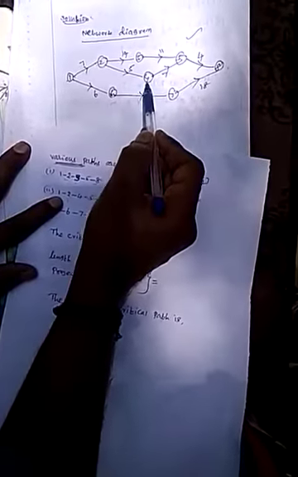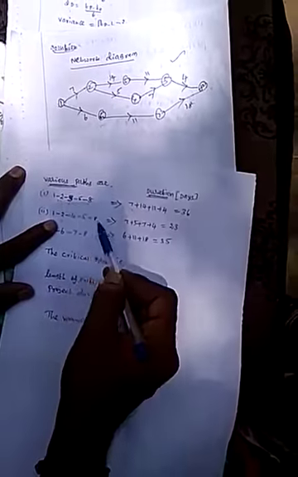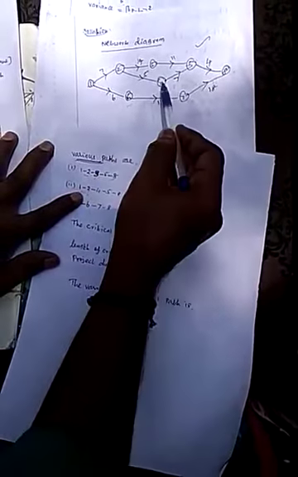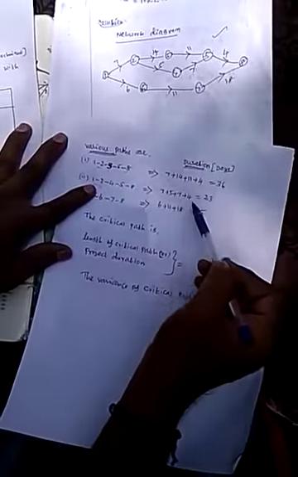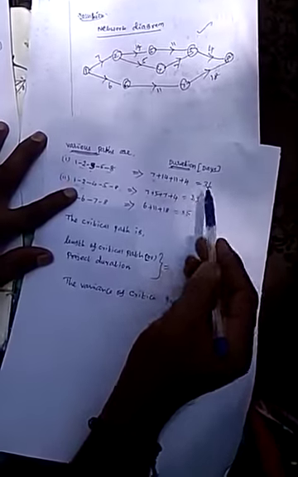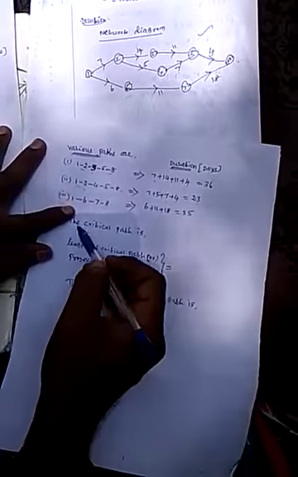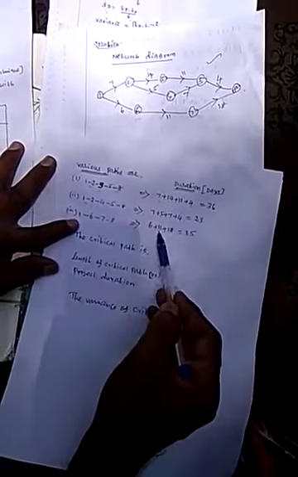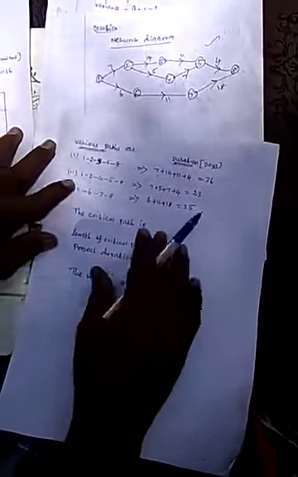Another path is 1 to 2, 2 to 4, 4 to 5, 5 to 8. Durations 7, 5, 7, 4, adding to 23 days. The last path is 1 to 6, 6 to 7, and 7 to 8, with durations 6, 11, 18, adding to 35 days.